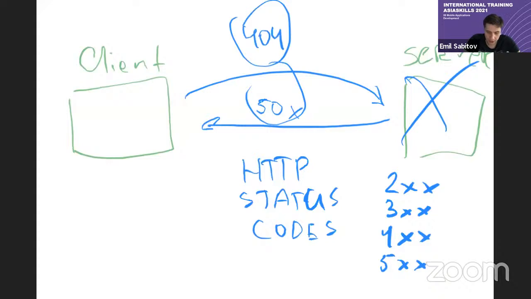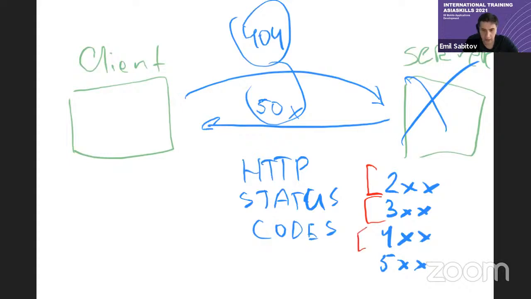If we get a status code that starts with 200, it means that everything is okay, and we've got a response with the data that we asked for from the server. If we got an HTTP code in the 300s, it means that there were some proxies, or we've got some redirections, and so on.